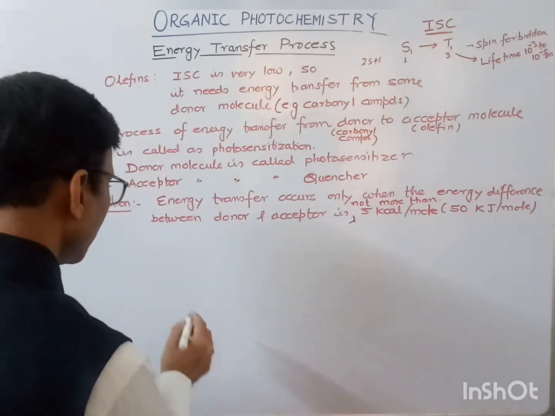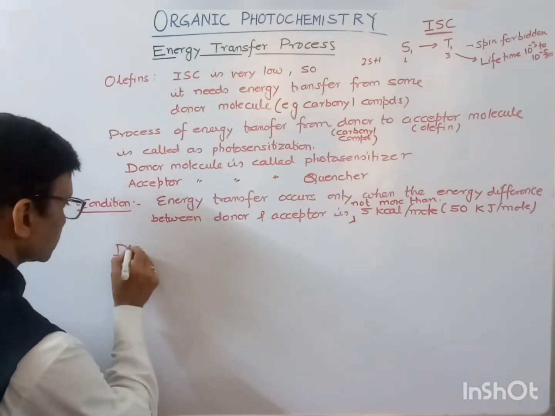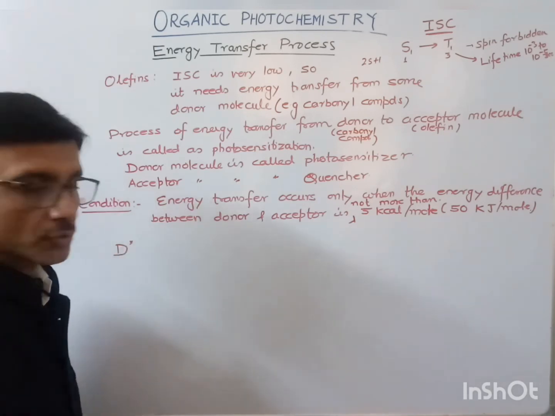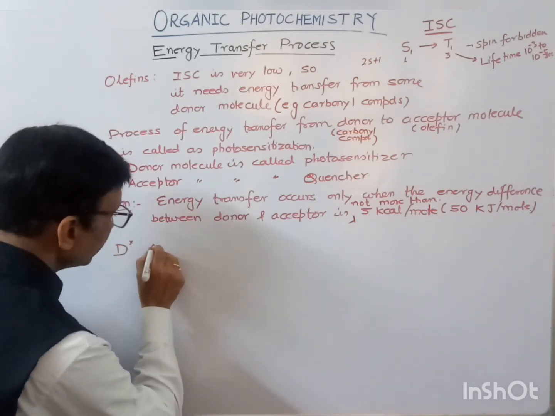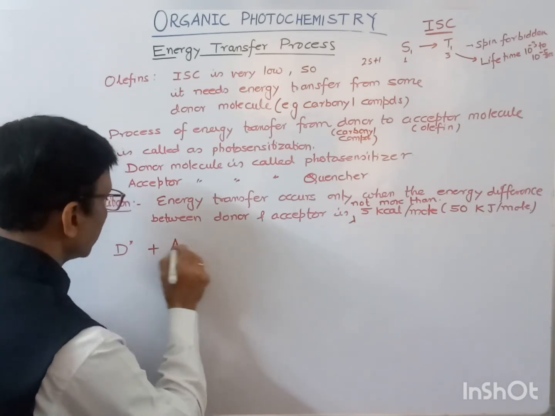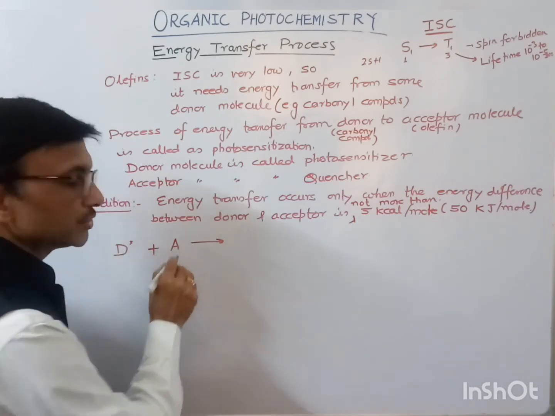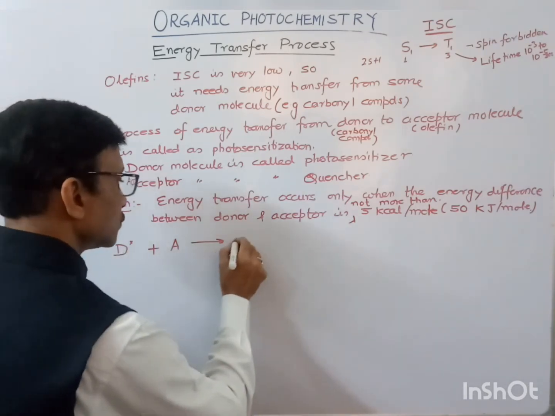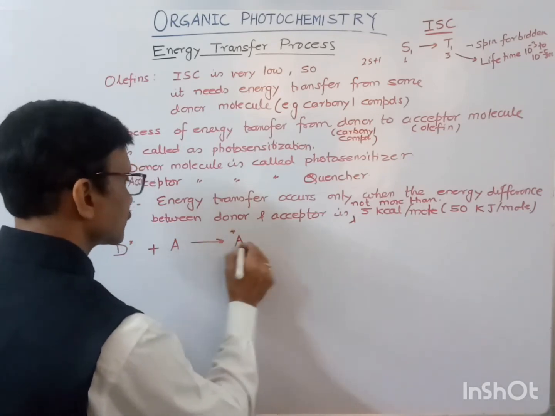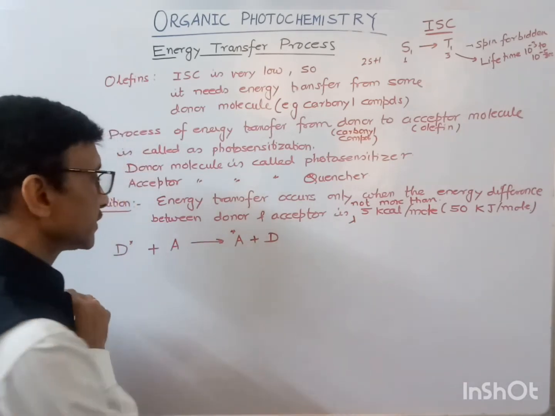Now suppose we have a donor molecule, our excited donor molecule. It will interact with some acceptor molecule, and after interaction it will transfer the energy to the acceptor molecule. So the acceptor molecule has now become excited during transfer, and the donor molecule will come to its ground state.